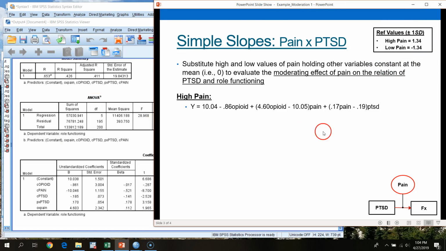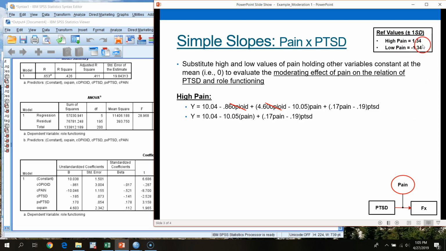So I'm going to say, if I'm holding everything else constant at 0, interested in the conditional effect of PTSD on the outcome, I'm putting in zeros for my opiate use terms. So opiate use is gone. And with those canceled out, I'm left with my intercept, my coefficient for what's left over for pain, and then my conditional effect here.